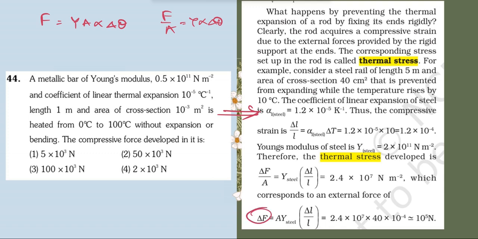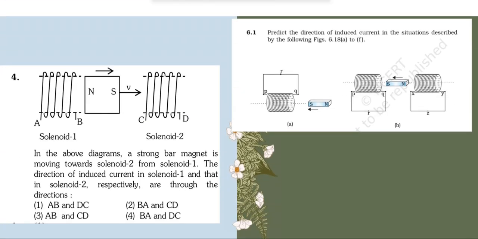That delta F formula we have is almost similar, but the data is changed. If you use the Young's modulus and alpha value, cross sectional area, temperature difference, of course length will not affect these values, you'll get this option. Try to solve this, but this is one good example that is already there in NCERT. So now just look at this.